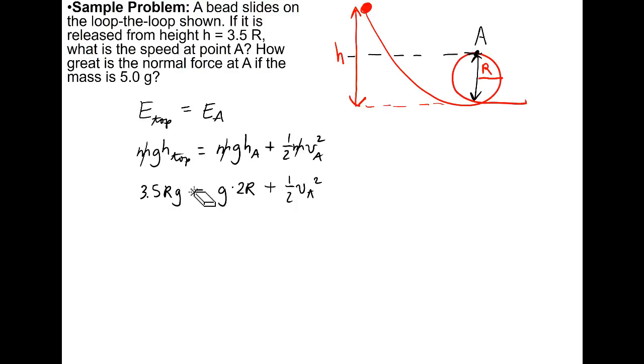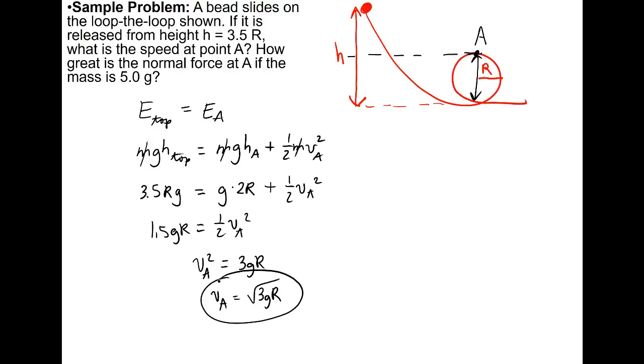I don't have an h because h is 3.5 r. I bring that over to the other side, and I get 1.5 g r is equal to 1/2 v_A squared. This means that v_A squared will be 3 g r, so v_A is the square root of 3 g r. I could plug in 9.8, etc., if I wanted to, but we could just leave it as an expression.